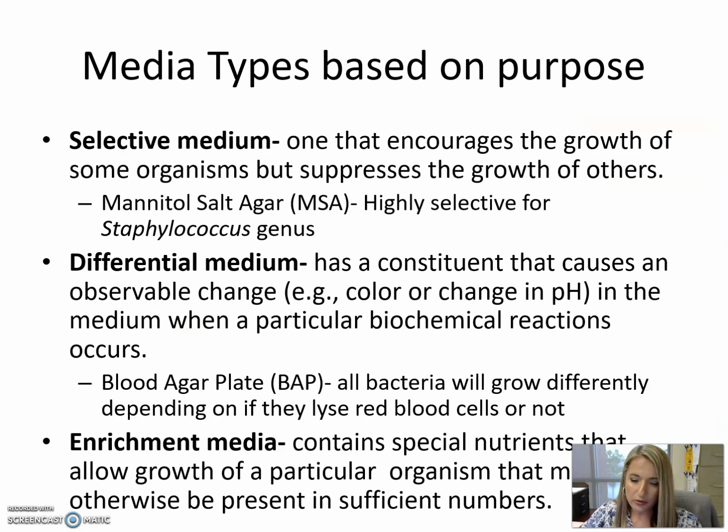So oftentimes we'll use nutrient agar to grow bacteria. It kind of just is your generic all-purpose agar that's used to encourage the growth of all bacteria. However, if you have specific intentions with the bacteria that you're working with, you may need to use a more specific type of plate or media.